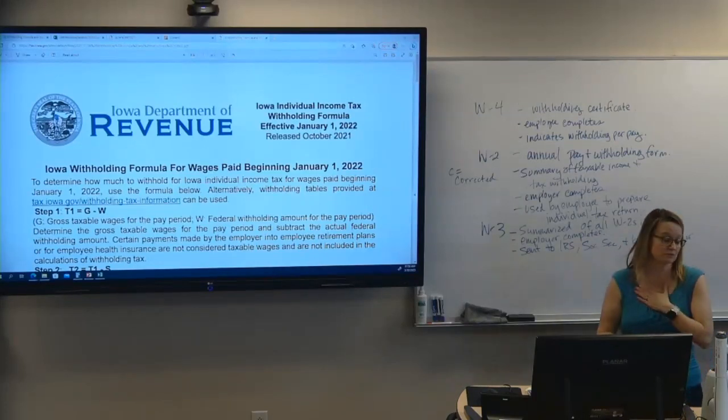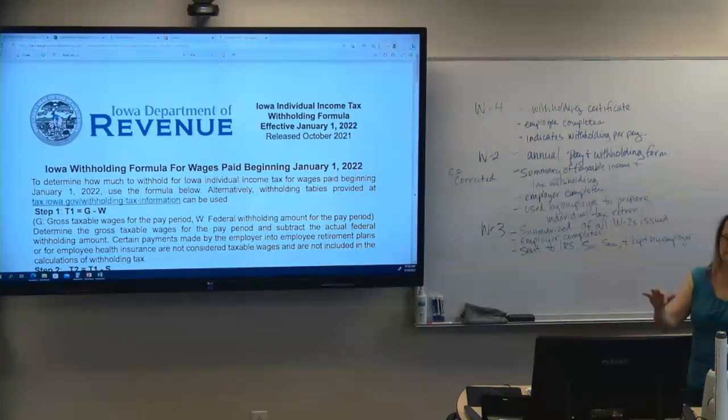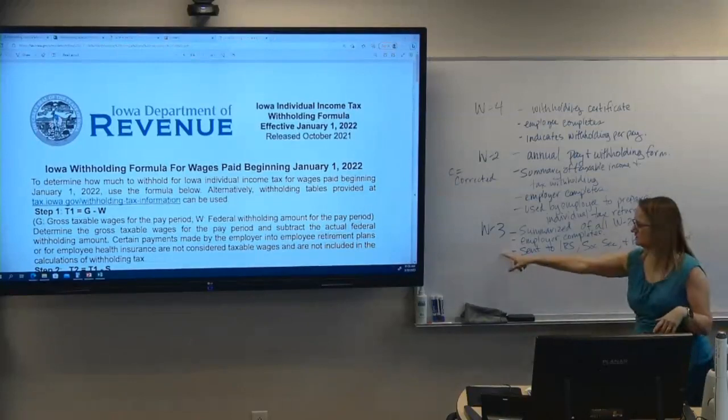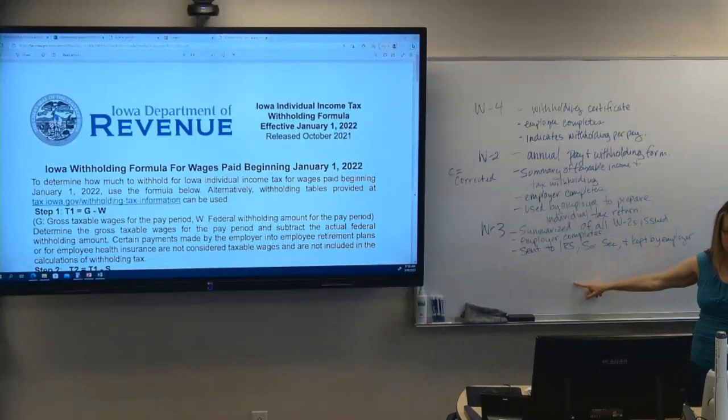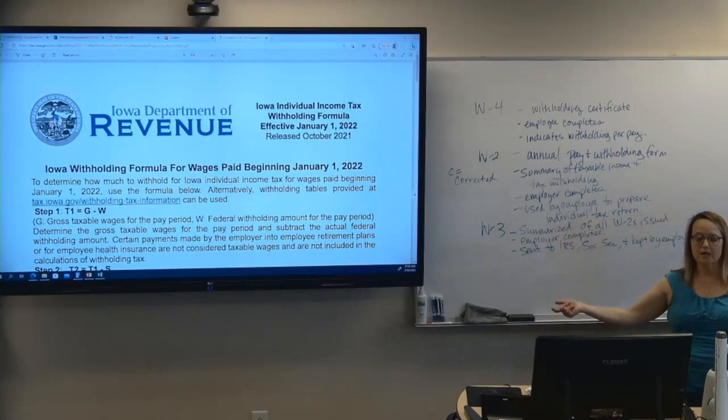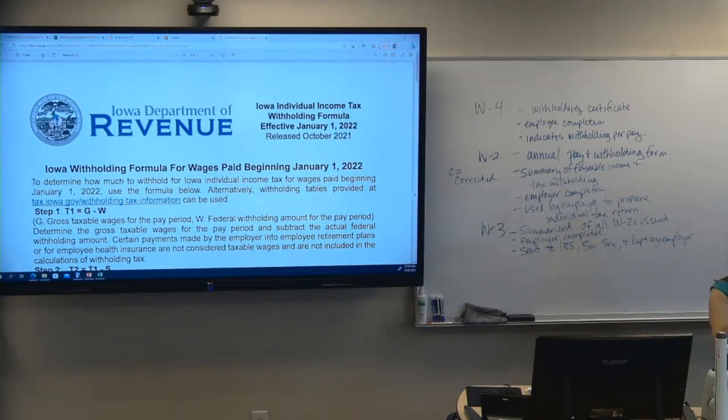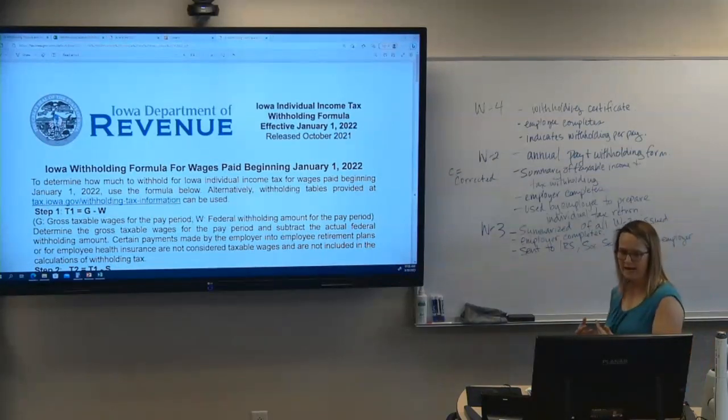But maybe you got the social security number wrong. Somebody data entered it incorrectly. Well, that social security number isn't going to go on the W-3 anyway. So you don't need to issue another W-3, but you do need to issue a corrected W-2 to the employee. I shouldn't say you need to. You should. Employees, what they can do is, when they're filling their tax return out, just overlook that and say, if the IRS ever asks them about it, well, it was wrong.